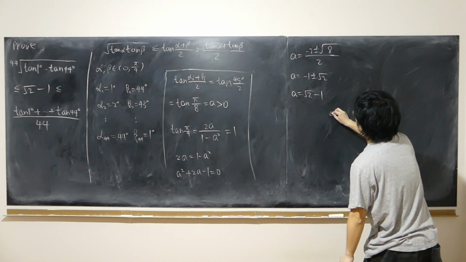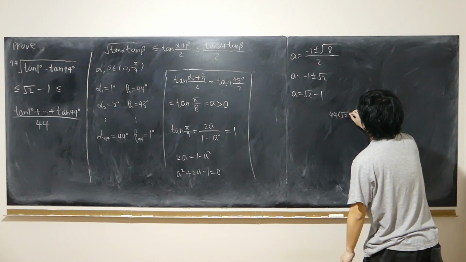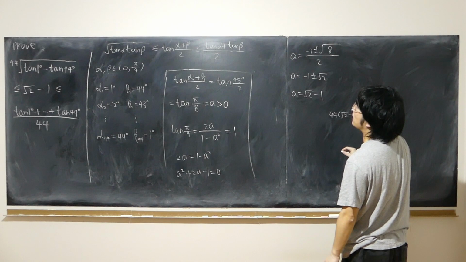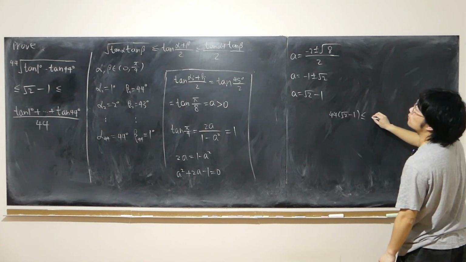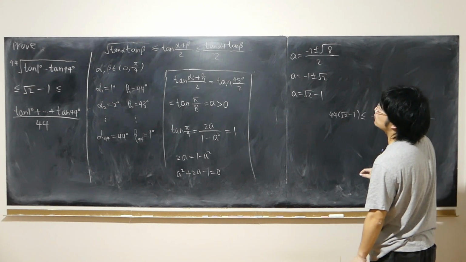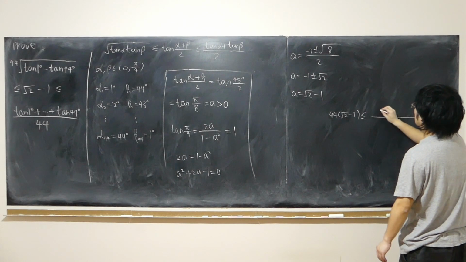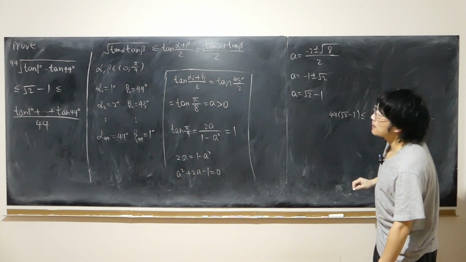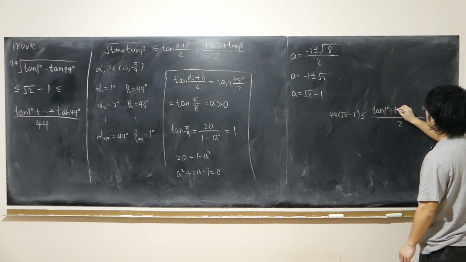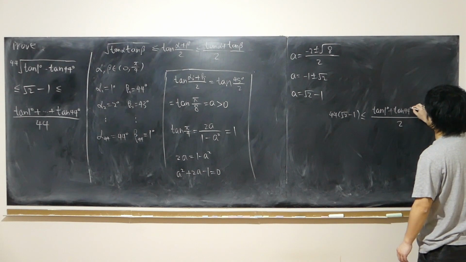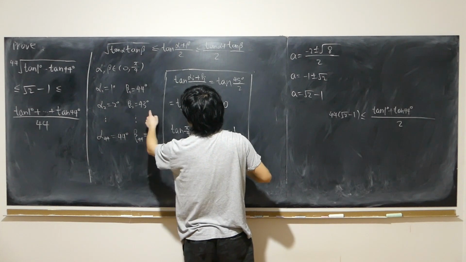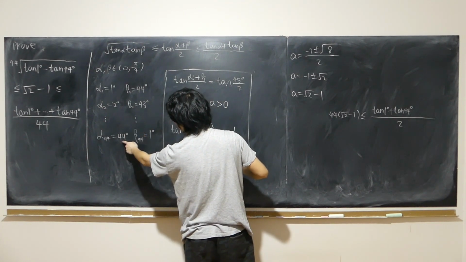I actually have 44 times square root of 2 minus 1 is less than or equal to the right hand side, half of, that's my common denominator, tangent 1 degree plus tangent 44 degrees, then tangent 2 degrees plus tangent 43 degrees, all the way to tangent 44 degrees plus tangent 1 degree.